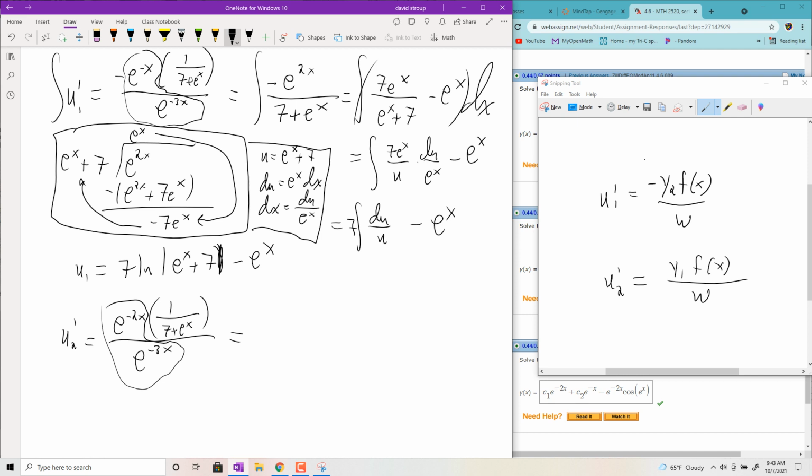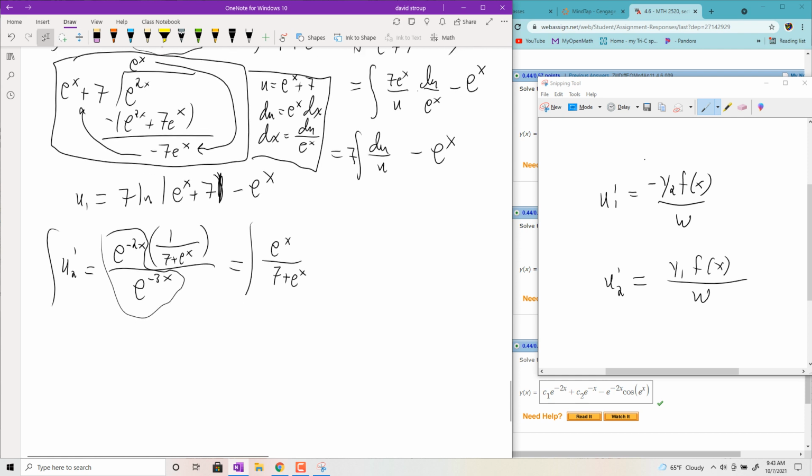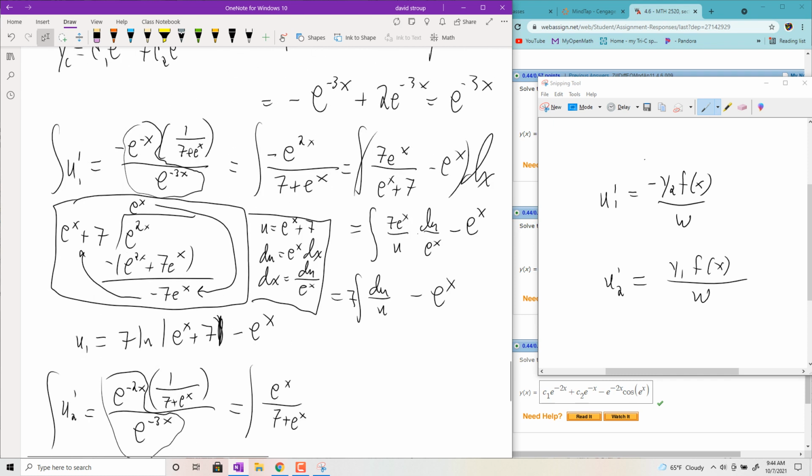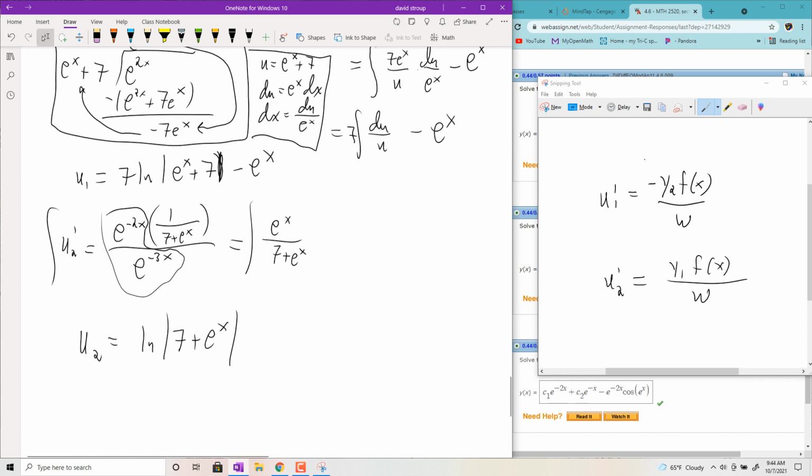So e to the x times 1 over 7 plus e to the x is e to the x all over 7 plus e to the x. And integrate both sides. Again, I've kind of already done this integral above. It's just the ln of e to the x plus 7. So I get u2 equals ln of the absolute value of 7 plus e to the x. Okay. I don't think I missed any constants. I wonder where that 7 came from over here. Well, that's from the long division.